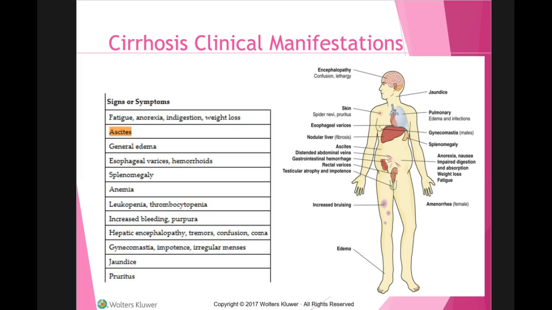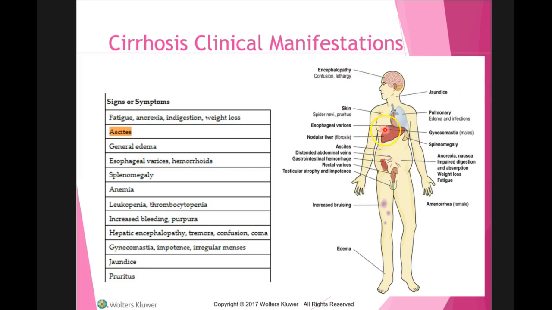They can have hepatic encephalopathy: tremors, confusion, and in the worst case scenario, go into a coma. And again, this is related to that metabolic dysfunction, with the inability to remove the ammonia and other toxic substances.